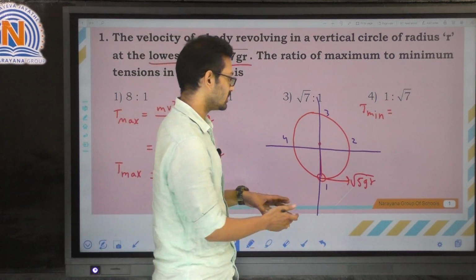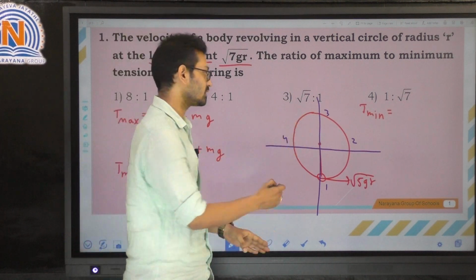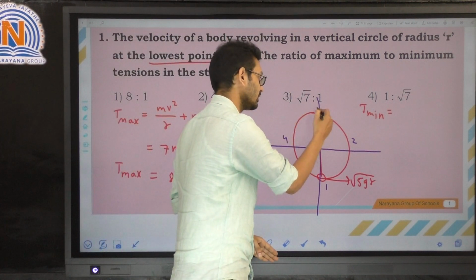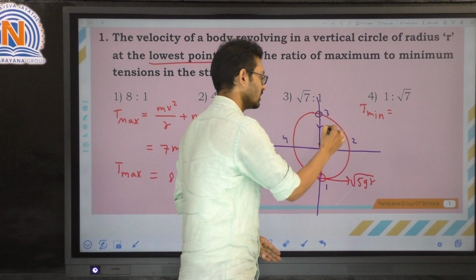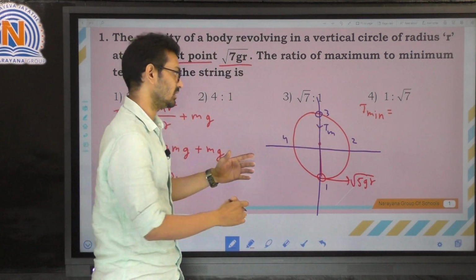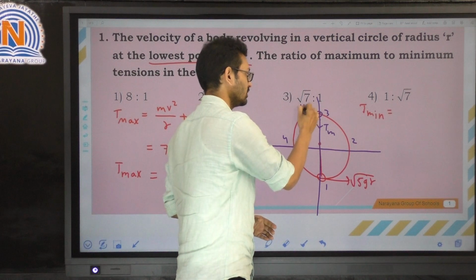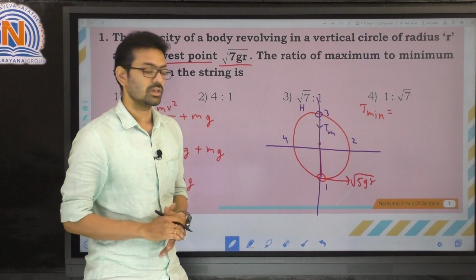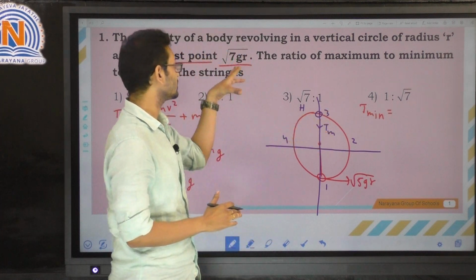Now, if it has to reach the highest point, only then its tension is going to be minimum. Its tension in the string is going to be minimum when it is at point 3, that is the highest point. They have given you 7 gr.